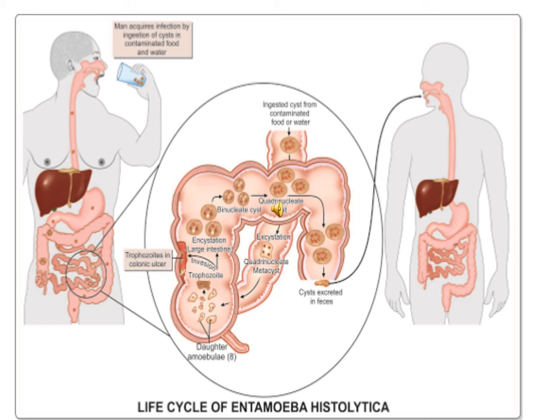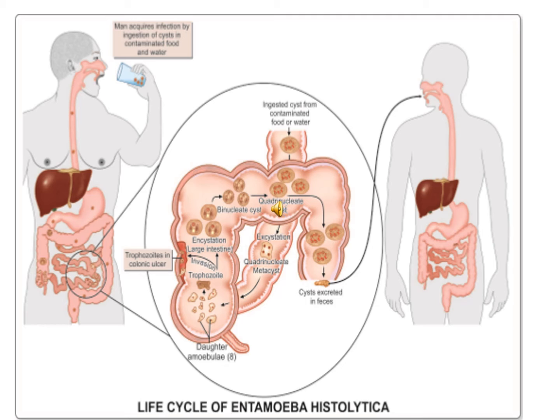So this is the life cycle of Entamoeba histolytica: how it enters inside, matures and causes infection, and how it is excreted in the feces. The mode of transmission is by ingestion of contaminated food or water, contaminated by the infective form of the amoeba, which is the cyst form.